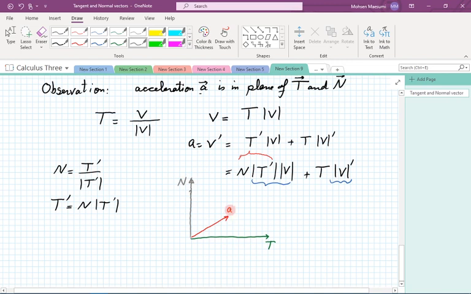If I want to write A as a combination of T and N, what am I doing? I'm just doing a very basic thing that you do in calculus or in all of your engineering classes. You find a component of this down here and another component of it over there. So what should I call this one? Well, this is the component of A alongside T, so it makes sense to call it A sub T. What would be a good name for it?